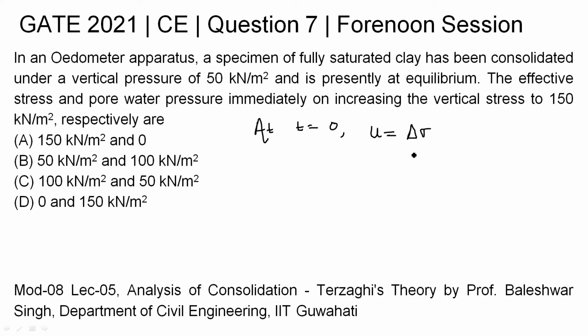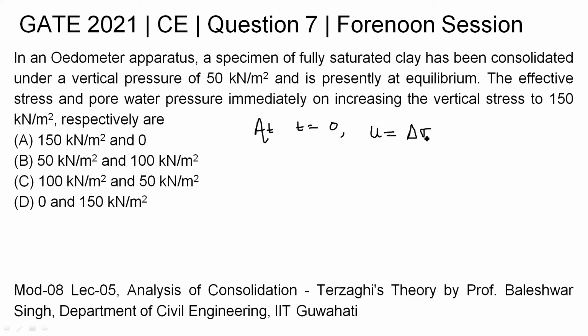Incremental stress, whatever the extra stress applied on the soil, all the stress is transferred to the pore water at time t equal to 0, that is instantaneously or immediately. So here it is asking immediately, it means we need to find at time t equal to 0, what is the value of u?